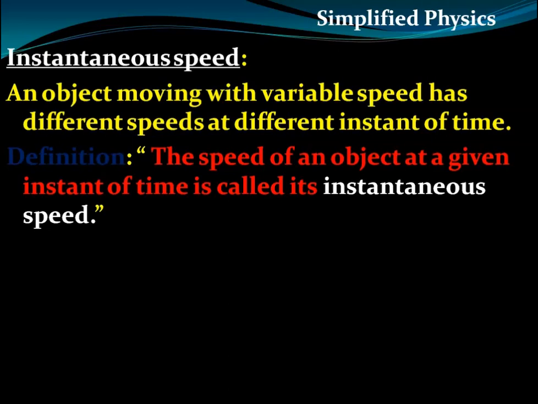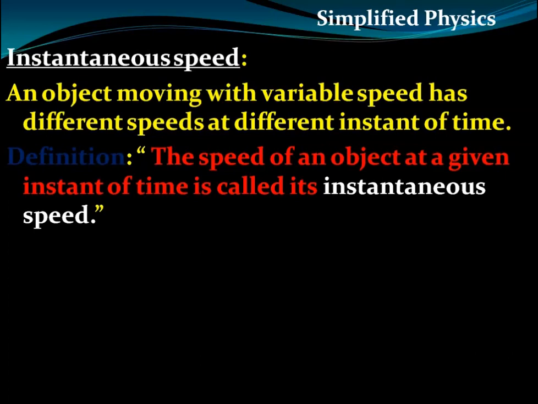Suppose in the very first second, the body has a speed of 1 meter per second. After 2 seconds, 5 meters per second. After 3 seconds, 7 meters per second. After 4 seconds, again back to 3 meters per second, and so on. Then in the third second, what is the speed?